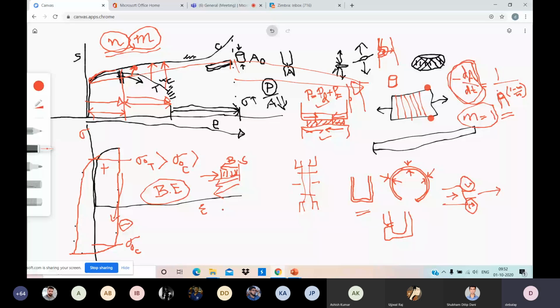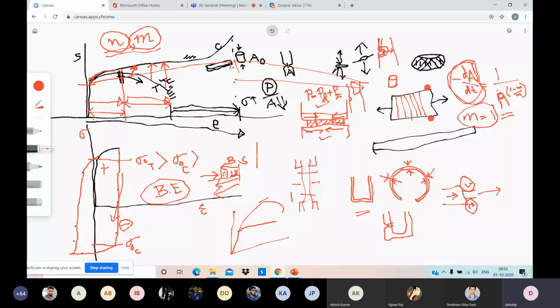One question I am asking. Suppose I draw a stress strain curve. Here is your yield, here is your UTS. I draw another stress strain curve, something like this.